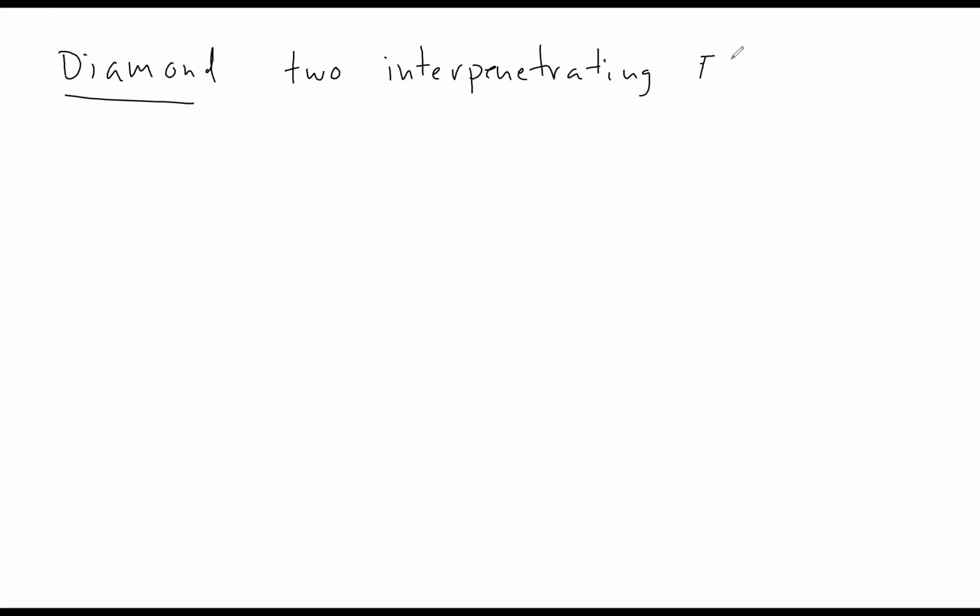The diamond lattice is two interpenetrating FCC lattices. If you like, it's an FCC lattice with a basis. This is also common.